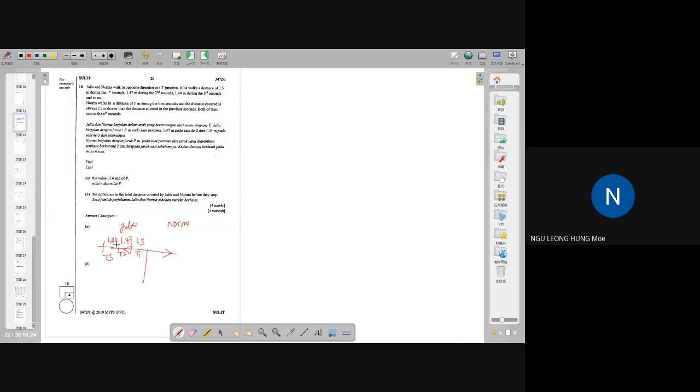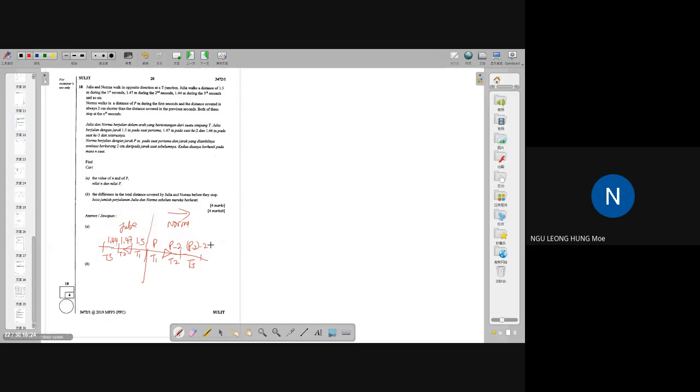Norma is what direction of P. To the direction of P, P meter during the first. Okay. Norma pergi ke sini kan. So the first one is P. Second one, okay, the distance covered is always 2 cm shorter. That means P minus 2. Betul? T3, P minus 2, minus 2 lagi.